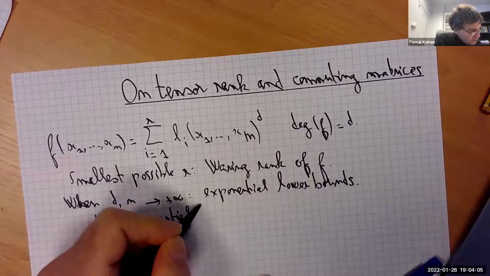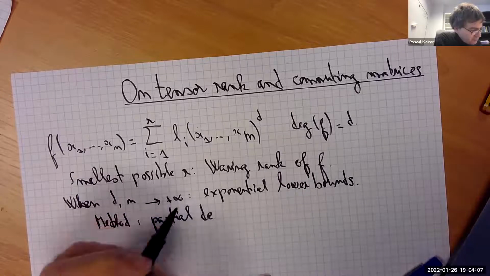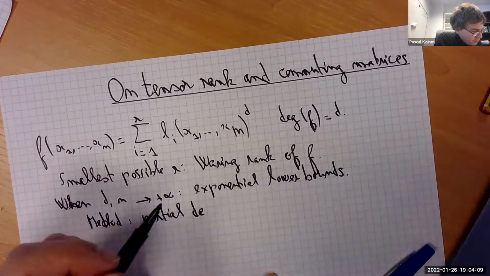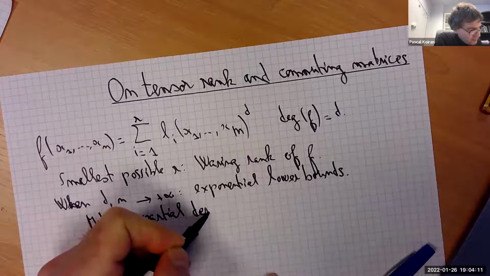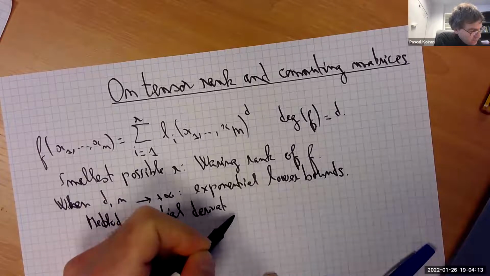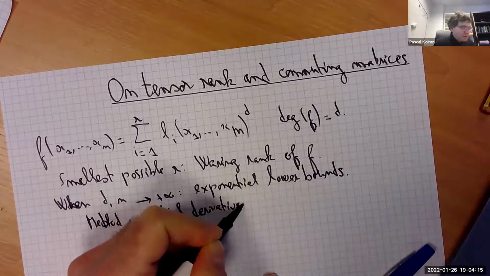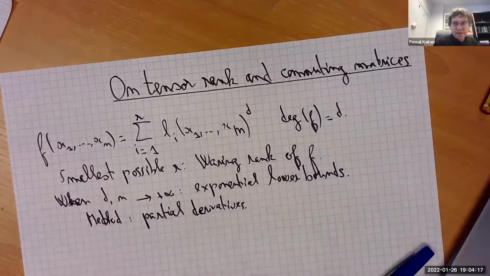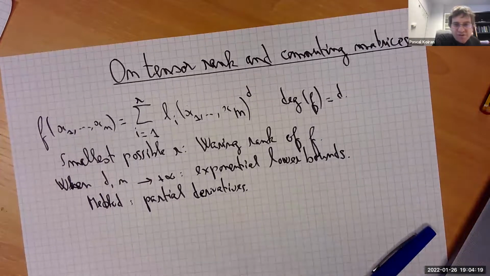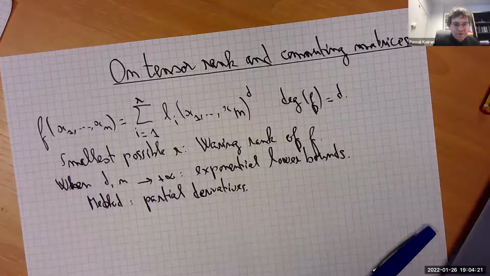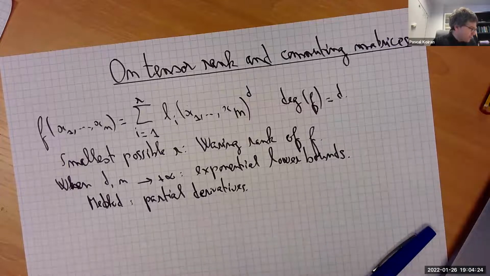So this goes back to, I guess, 1995 or so, and that's the work of Nisan and Wigderson. And this was covered already, I think, in Ramprasad Saptharishi's lectures on lower bound methods earlier in this semester.